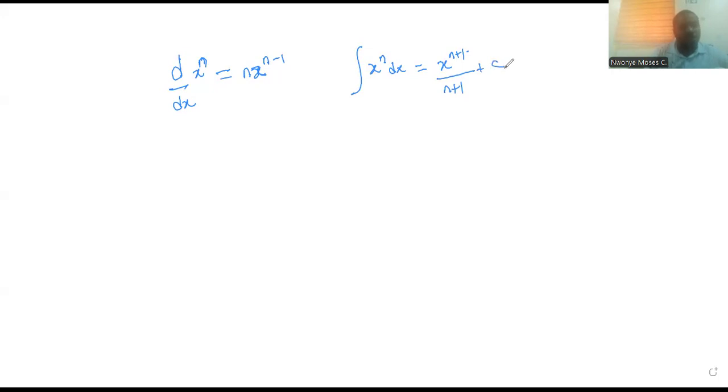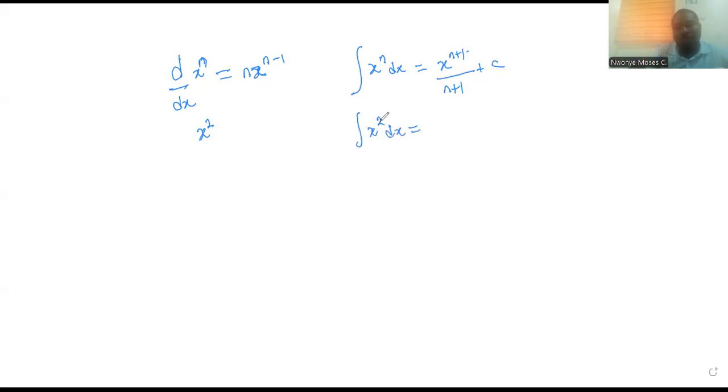Now, why are we putting plus c? Let's use a particular figure, for instance. Let's say an example, x raised to power 2. If we want to integrate this, we have the integral of x to the power 2 dx.